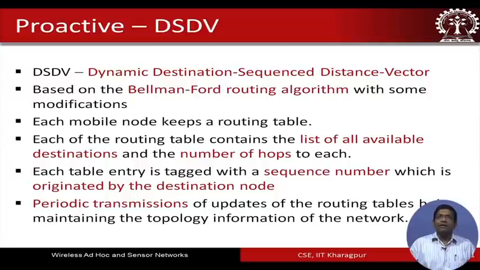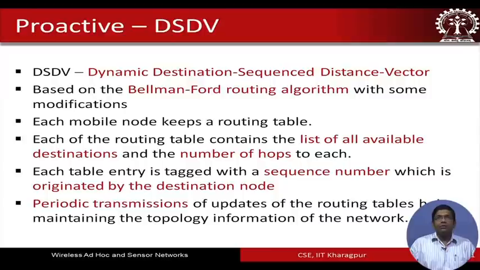It is already there in the corresponding literature, and at the end of the slides you will see the references, where you can go through the protocols very closely, one by one, step by step.